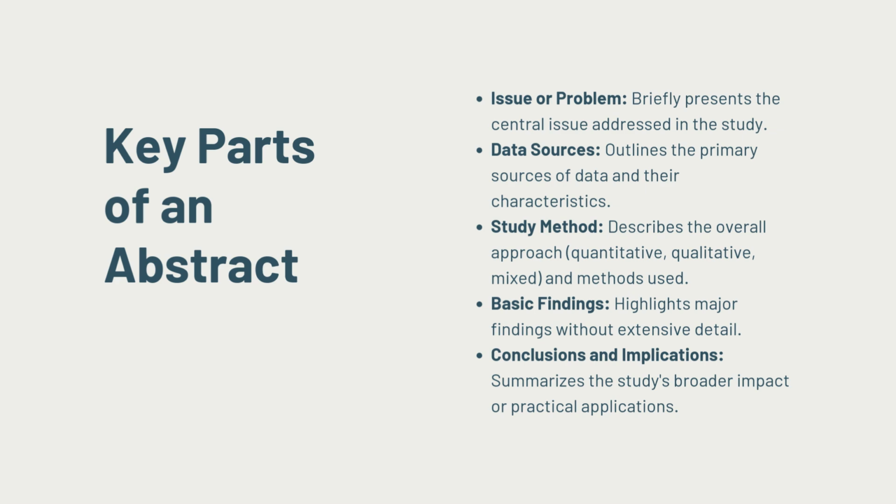Why is an abstract so important? In academia, it's common to go through multiple studies, and most readers rely on the abstract to decide whether or not the study is relevant to them. Now, imagine, for instance, that you're reading research on sustainable practices in Filipino agriculture. You come across an abstract that clearly states the study focuses on small scale farmers using organic methods in northern Mindanao.